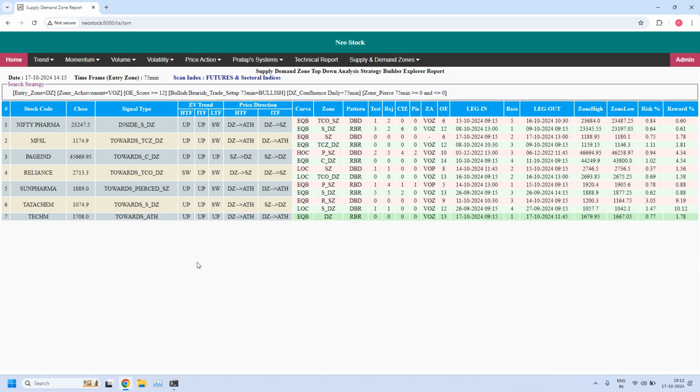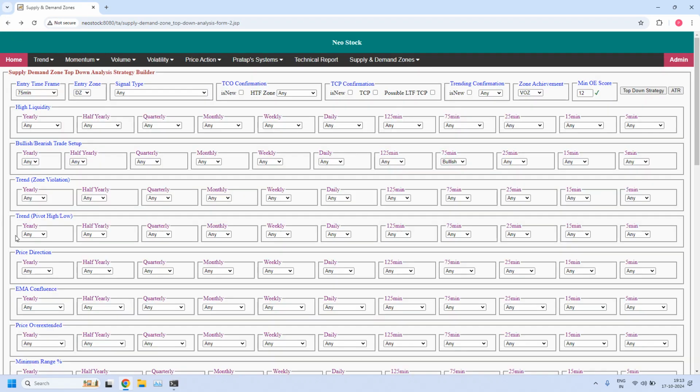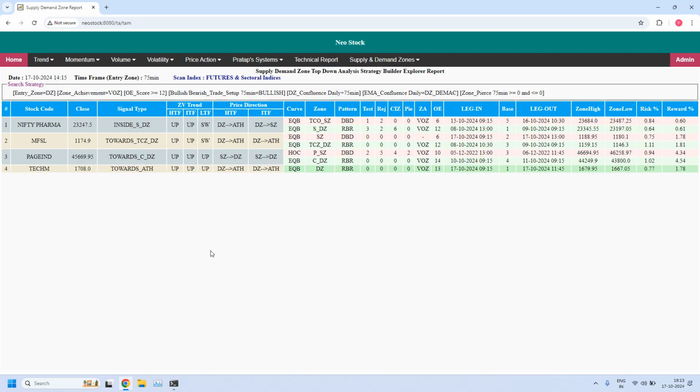Because the 75-minute zone is part of the daily zone, if daily EMA confluence is there, it's a high probability setup. So in the EMA confluence at daily time frame, I am selecting daily demand zone with daily EMA confluence. So this filter is enabled. 4 stocks. These 4 stocks are high probability setup supported stocks.